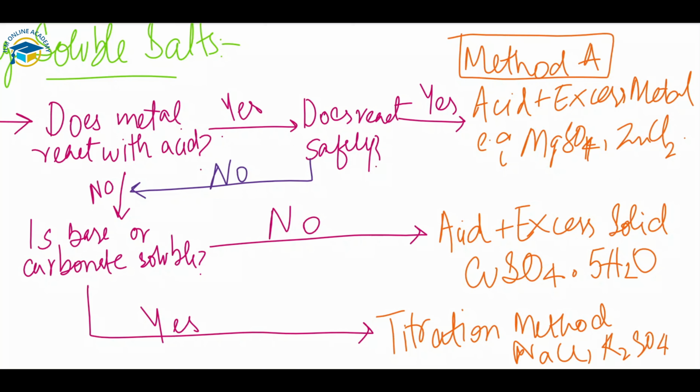All these are produced by the method of titration, in which the acid and base neutralize. The acid is added drop by drop in the titration method by using a burette, and the end point will come. At the end point, mostly a color-changing indicator is added to check whether the reaction has happened or not.